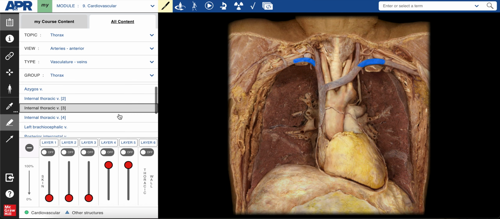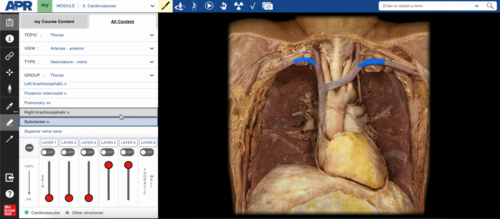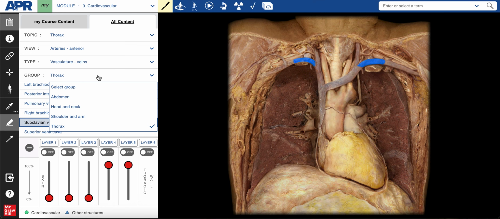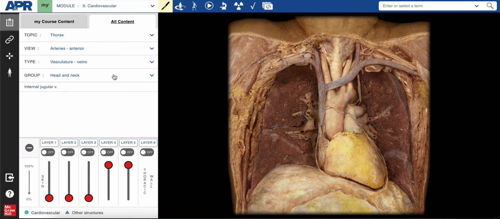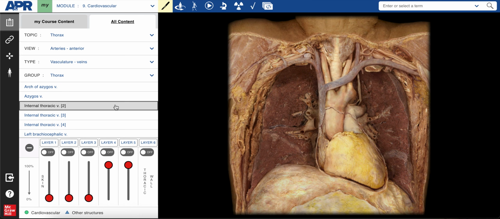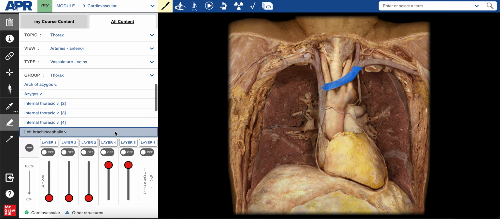It's not going to let me highlight the internal jugulars, but that's okay. You can see your subclavian veins joining with these internal jugulars. I bet if I go here, yep, great, I can do that. And then again, those are forming the brachiocephalic veins. So it's all about veins coming together.